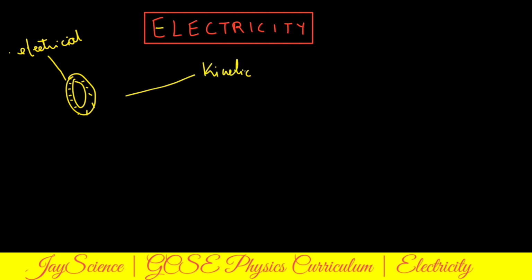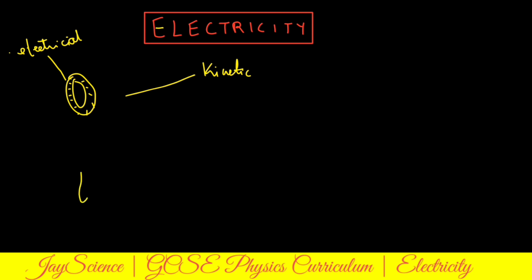How much energy is transferred? Appliances tend to convert energy from one form to the other, especially electrical appliances that work with electricity. For electrical motors, they take electrical energy and, once they start turning, convert it into kinetic energy.